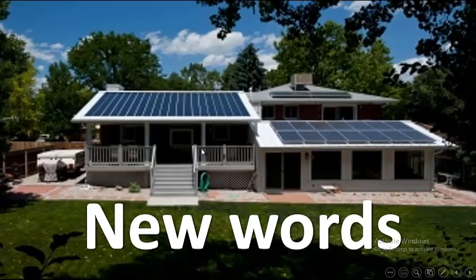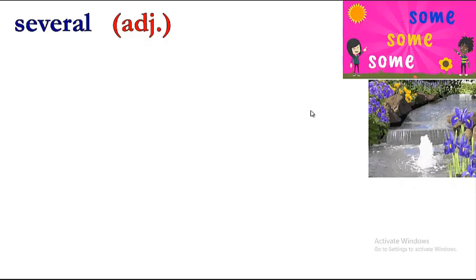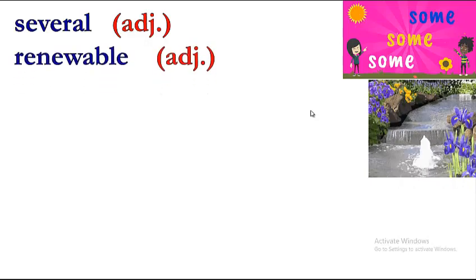Now, my dear students, let's revise our new vocabulary in our lesson today. Look at the picture and try to guess what the word is. Look at the first picture here. Yes, that's right. Several. Renewable.